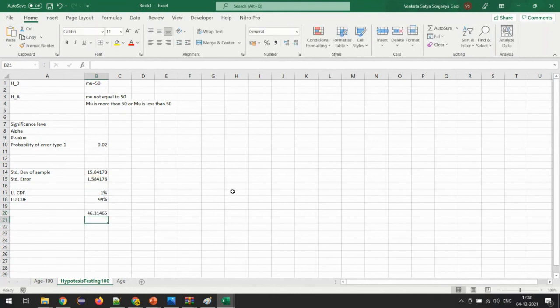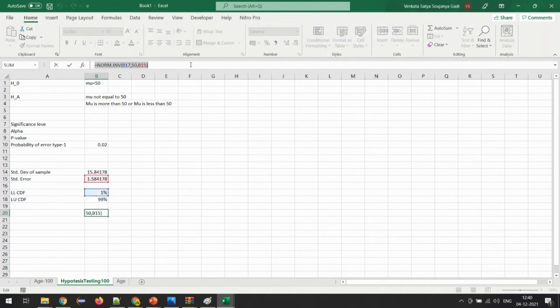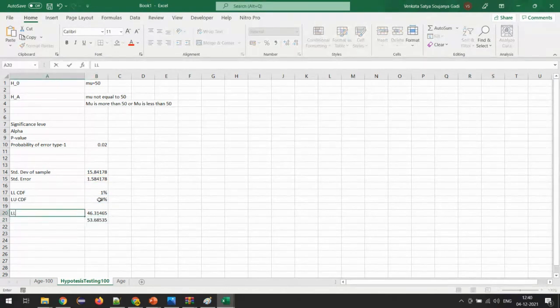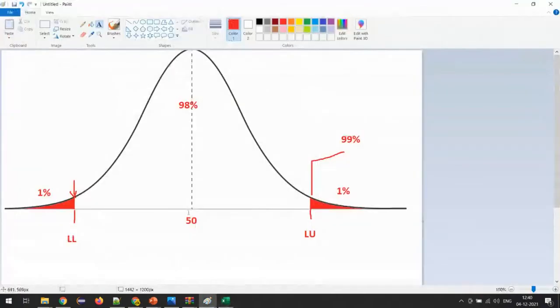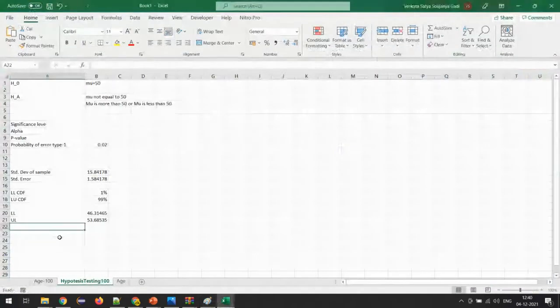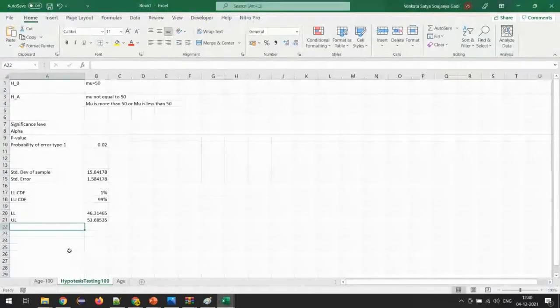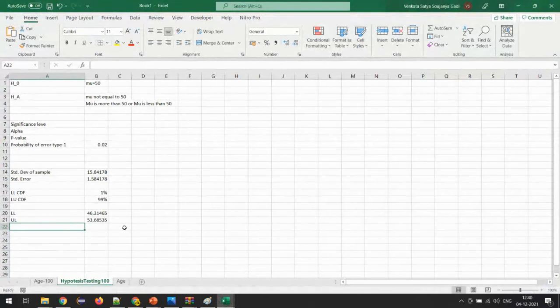So it is 46.31. Let me copy and paste it here, and here I take 99. So I'm getting the lower limit and upper limit. The lower limit is 46.3, and the upper limit is 53.7.